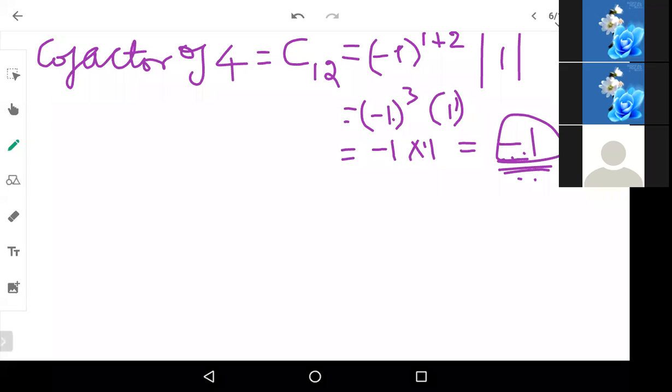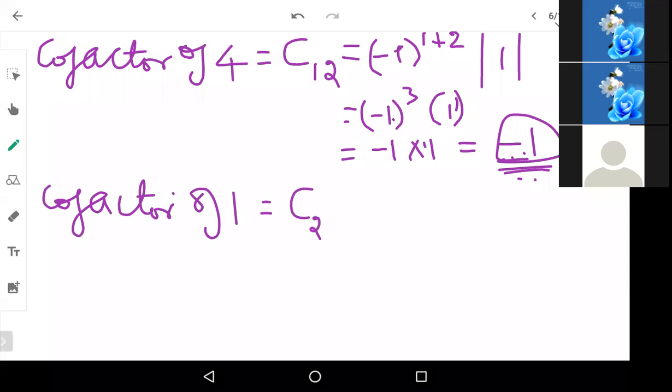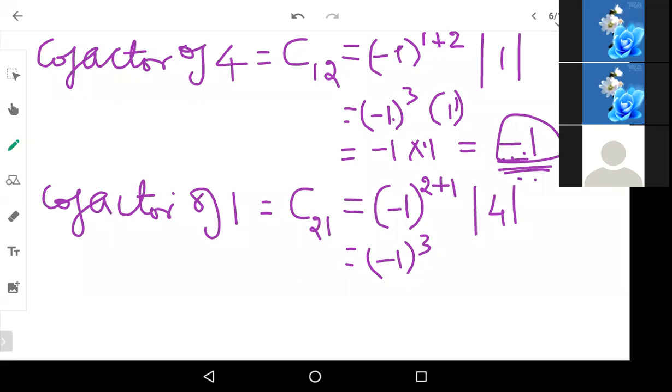Correct. Now next, cofactor of 1, that is second row, first column, is equal to minus 1 to the power second row, first column. And what is the minor of 1? 4. Very good. Minor of 1 is 4. So minus 1 to the power 3 into 4.